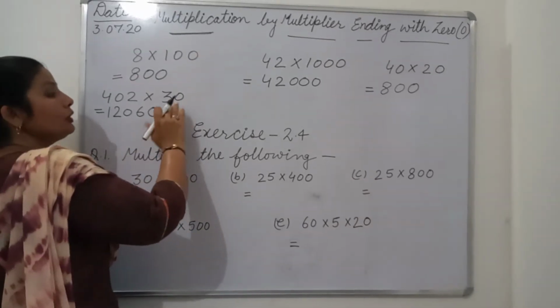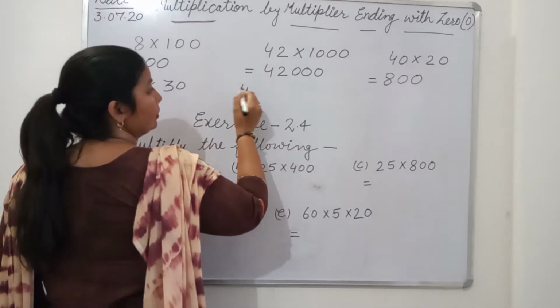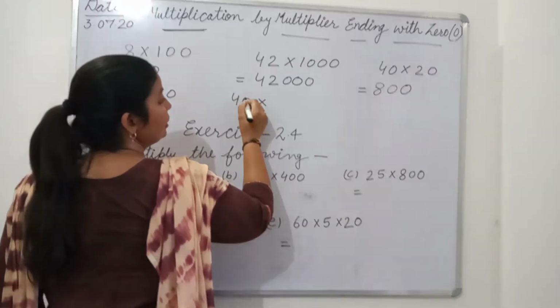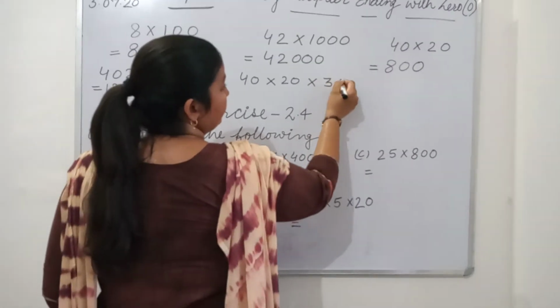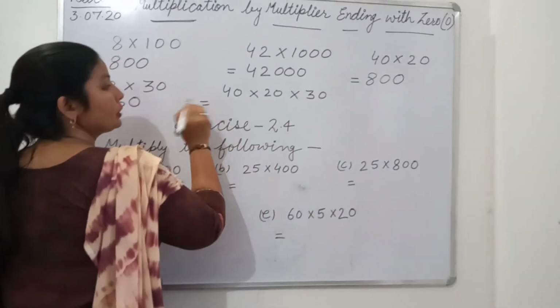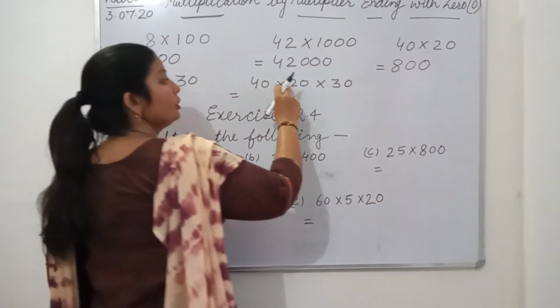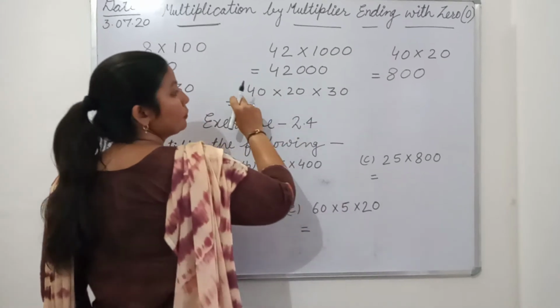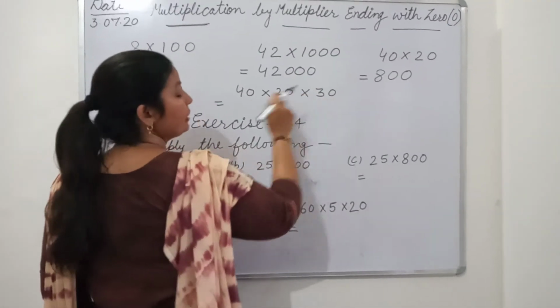Okay. Suppose we have 40 multiplied by 20 multiplied by 30. So how will we do it? First of all the non-zero digits. The non-zero digits are what? 4, 2 and 3. So first of all we multiply these. 4 2s are 8. 8 3s are 24.